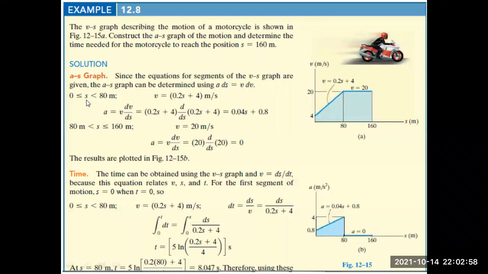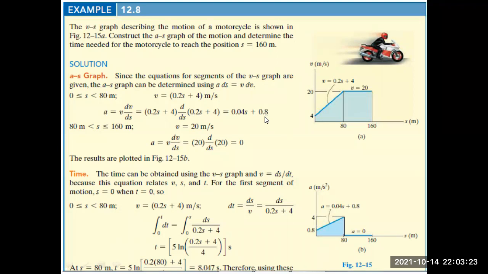Okay. So once I can plot it, this is how I'm going to plot. I plug in 0 into this equation, when S is equal to 0. What am I going to get? 0.8. So the plot would start from 0.8, not from 0. Why? Because I plug in 0 into S, I get A is equal to 0.8.